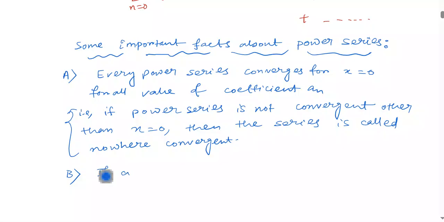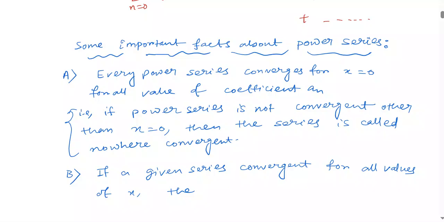If a given series is convergent for all values of x, then we can say that the given power series is everywhere convergent.